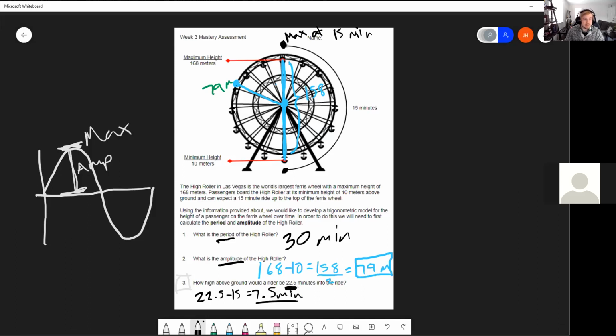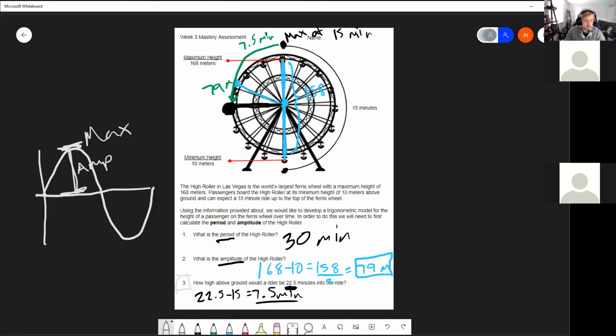So where would I be in the circle at 22.5 minutes? Well, I'd have gone halfway around and then another quarter, right? I'd be here. Do you see why I'd be there? Yes. What was that, Millie? The whole half is 15 and 7.5 is half of that, so it goes another half.